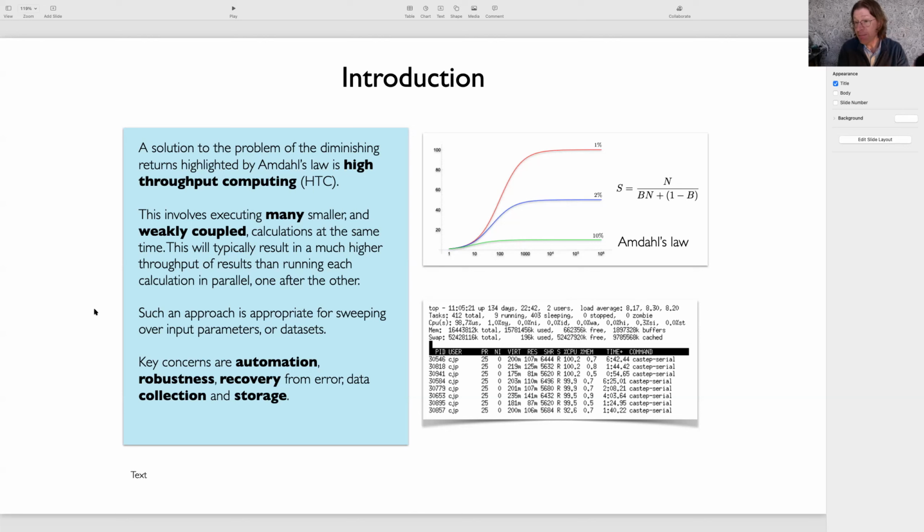So you can sweep over input parameters, or you could sweep over input data sets. So it's another kind of input parameter, but if you're doing a DFT calculation, you'd have to input the crystal structure to your calculations in some input file format.